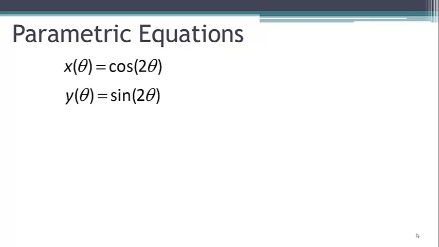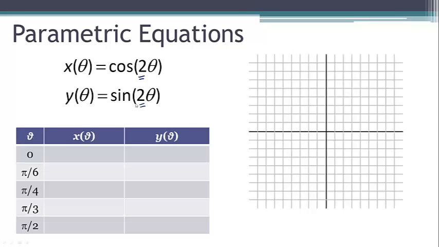These equations should look very similar to the last set that we looked at in the first lecture. X equals cosine theta and y equals sine theta, only with a multiplier added to the theta parameter. So let's start off collecting some points and see what we end up with.